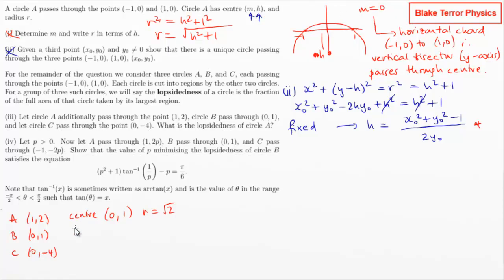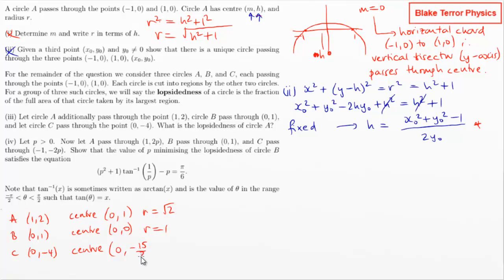So the centre is going to be at 0, 0 for B, so that's going to have centre 0, 0, radius 1. This one then is going to have a centre at 0, 0, so we've got 16 minus 1, so 15 over minus 8.